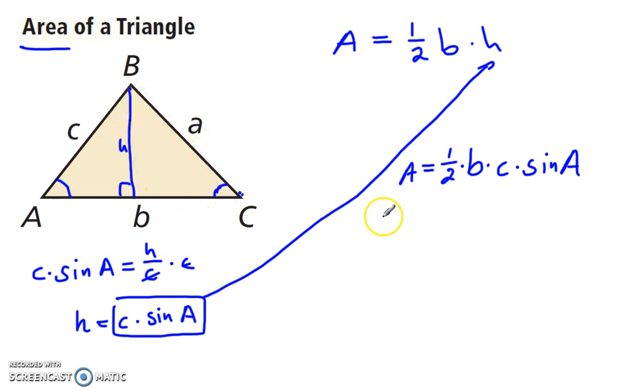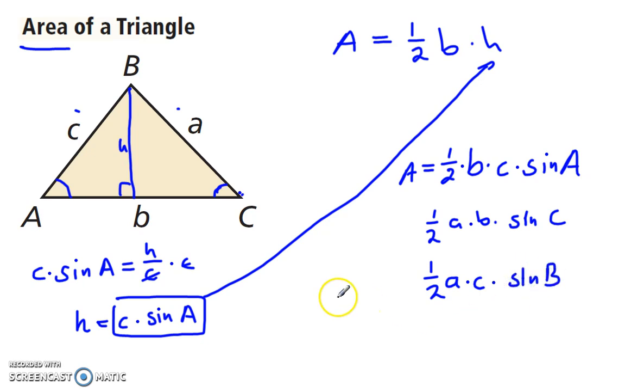I could also use B. So I could also say 1/2, and in this case, A times B times sine C, or 1/2, use the two included sides here, A times C times sine B. Okay, so you can do this anywhere if you have two sides and an included angle.